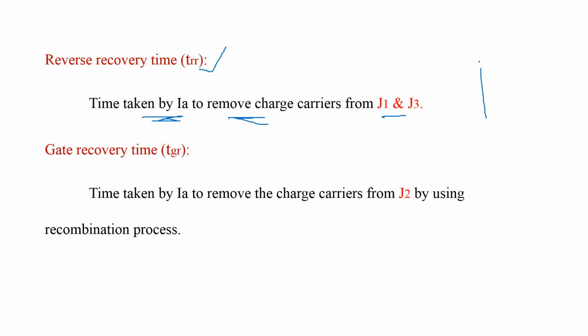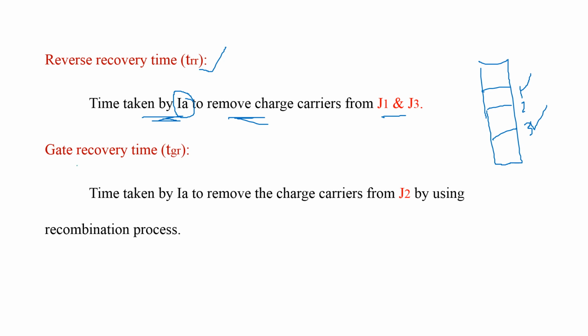We have a thyristor like this, a four layer device. This is junction J1, J2 and J3. The time taken by the anode current to remove the charge carriers from the outer junctions J1 and J3 is the reverse recovery time.